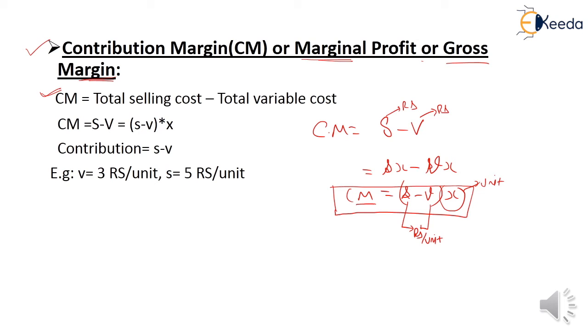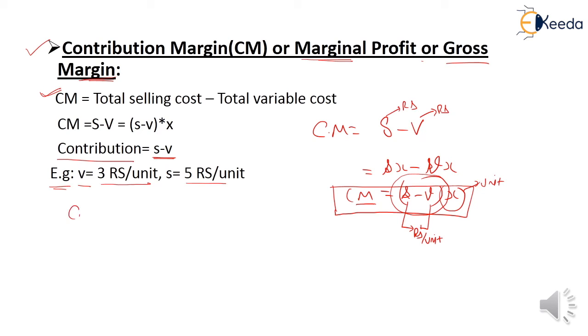And what is contribution or profit per unit? This s minus v is the contribution. So contribution is nothing but small s minus v. The contribution represents how much profit or gain is obtained by selling per unit. In the example, the variable cost small v is 3 rupees per unit and the selling cost per unit is 5 rupees per unit.